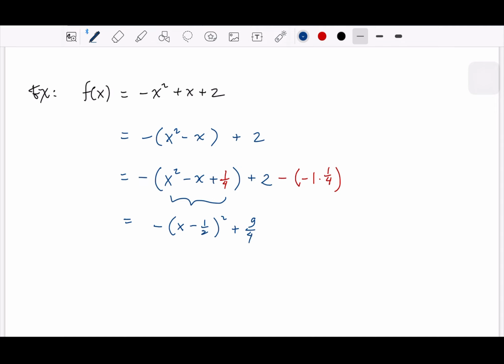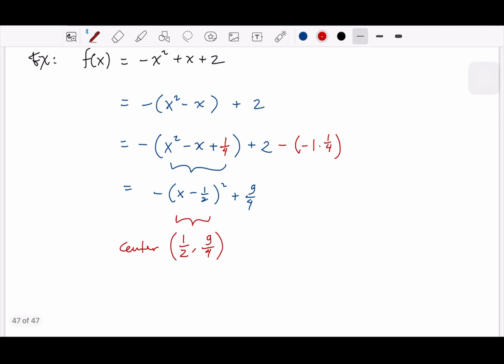So this is our new expression for the function. The center will be at half and 9 over 4.